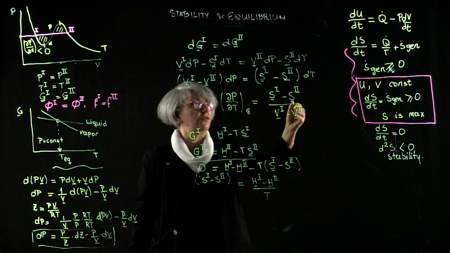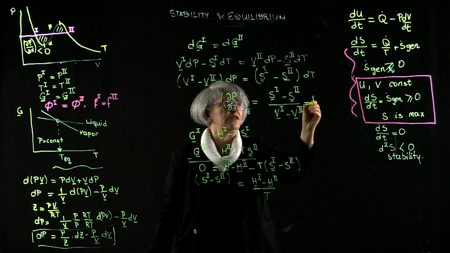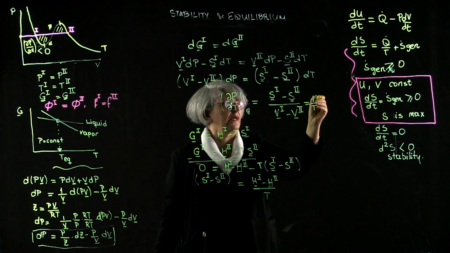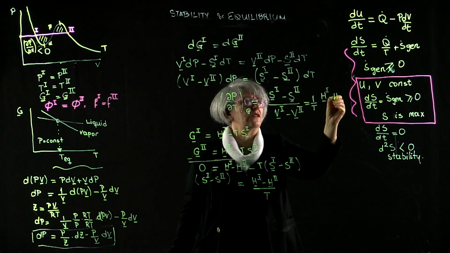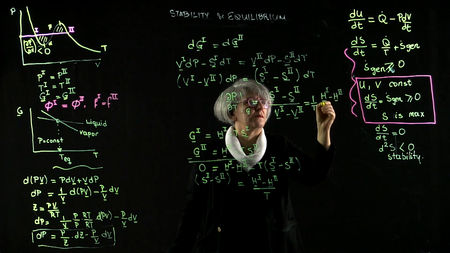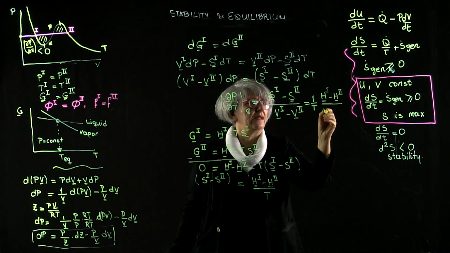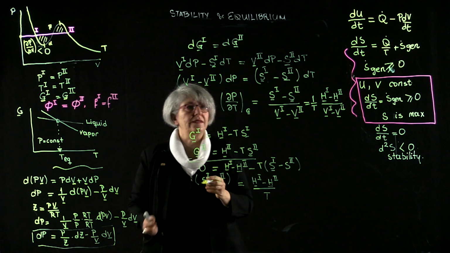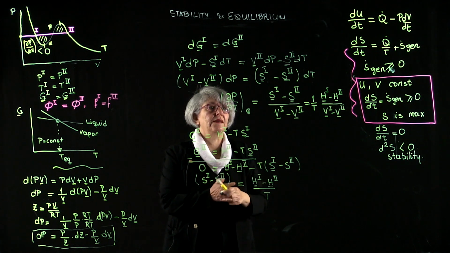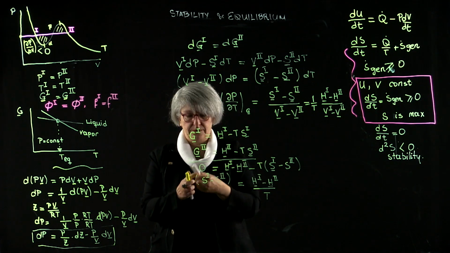We will substitute it in here as 1 over T times H1 minus H2 divided by V1 minus V2. All right? This is the Clapeyron equation.